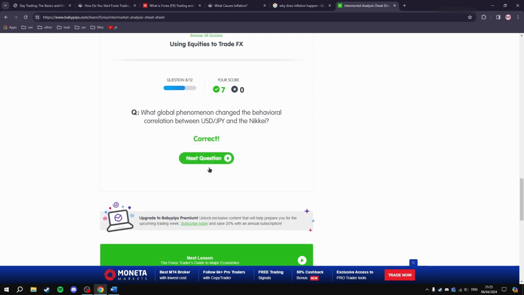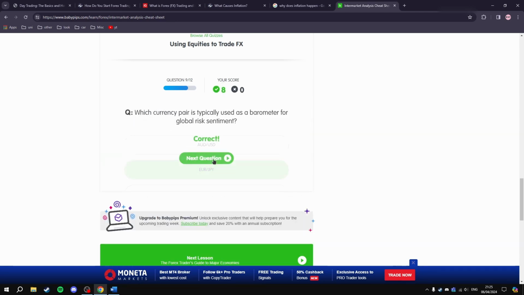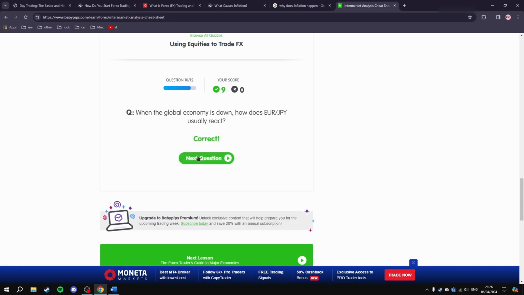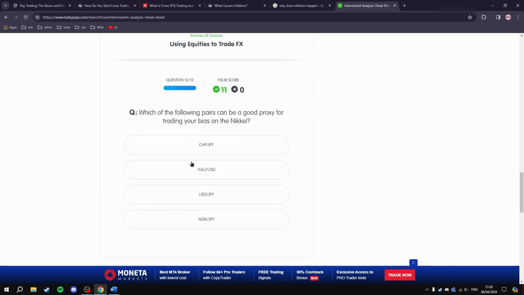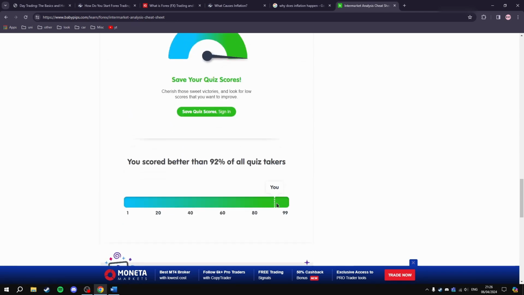The global financial crisis. Euro/JPY. If it goes down, it tends to fall. Supports higher. USD/JPY. Okay.